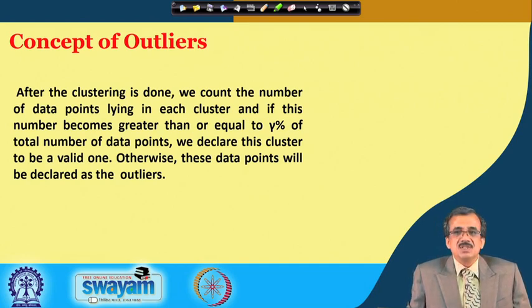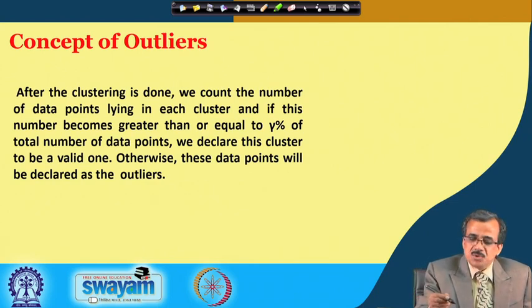Now, I just want to tell you that this clustering algorithm is very flexible, and if I change the value of beta a little bit, there will be too much change in the obtained clusters. That is why this clustering algorithm is very flexible.